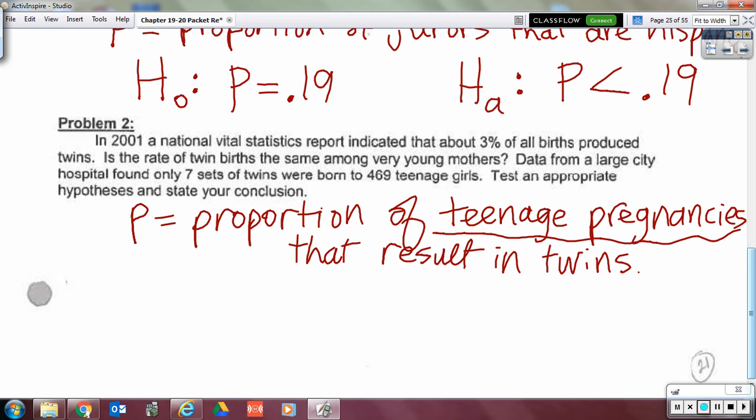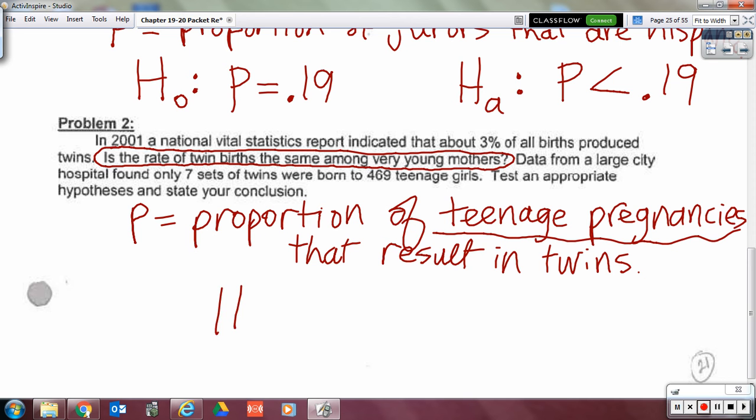All right, let's do this one. Test an appropriate, let's see. So here's the deal. Indicated that 3% of all births produce twins. Is the rate of twin births the same among very young mothers? Okay, so that's going to help us to do our alternative.